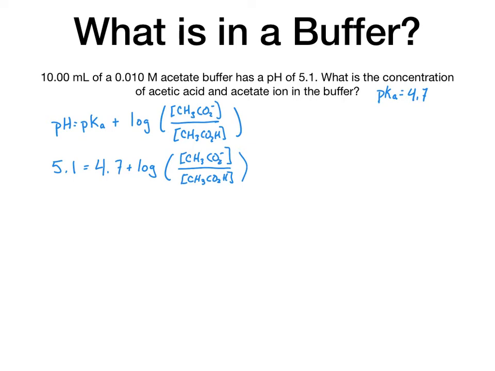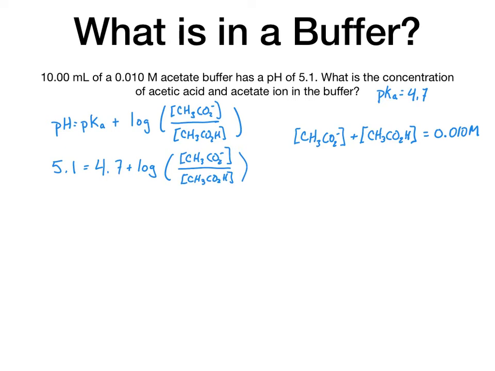Now I also know that the total concentration of the buffer is equal to the concentration of the acetate plus the concentration of the acetic acid, and it is equal to 0.010 molar.